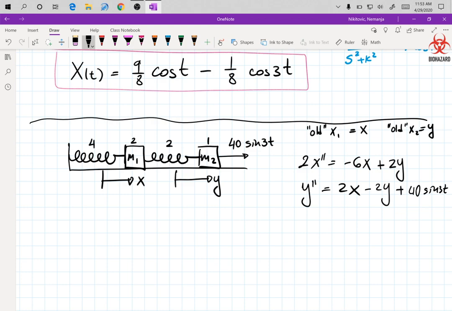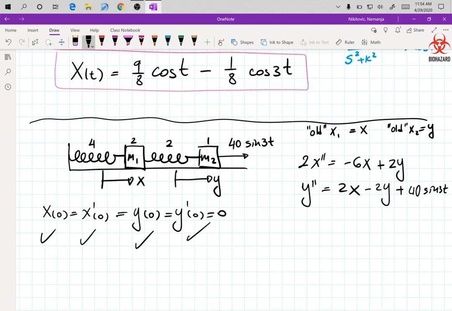All right, cool. So now we have our differential equations, and we have initial conditions. x of 0 is equal to x prime of 0, they're all zeros. Wow, that's going to help a lot. Everything was in equilibrium, so you have your positions in equilibrium, and the initial velocity was also 0.